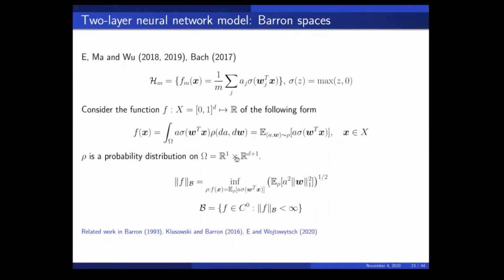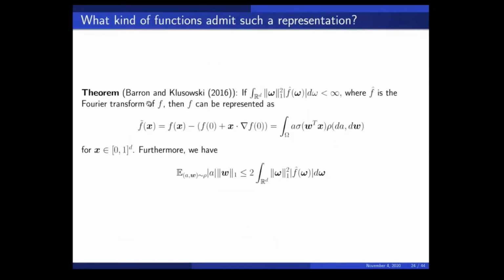Namely, the natural question is, what kind of functions are Barron functions? What kind of functions admit this representation? The answer is given by a theorem proved a few years ago by Barron and Klusowski. They show that if a function has a fast decaying Fourier transform, such that this integral is finite, then f has a representation of this form, and the Barron norm of f is bounded by this particular quantity, which is the norm Barron defined.